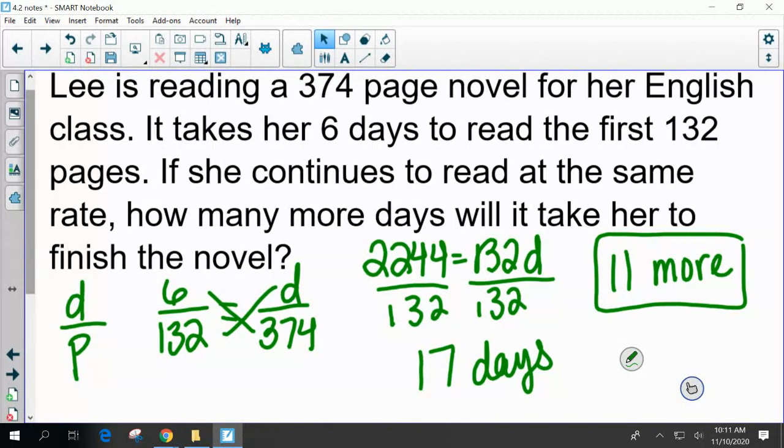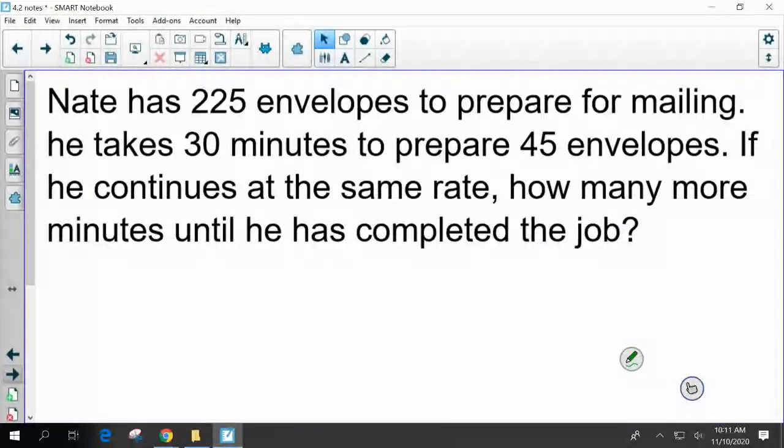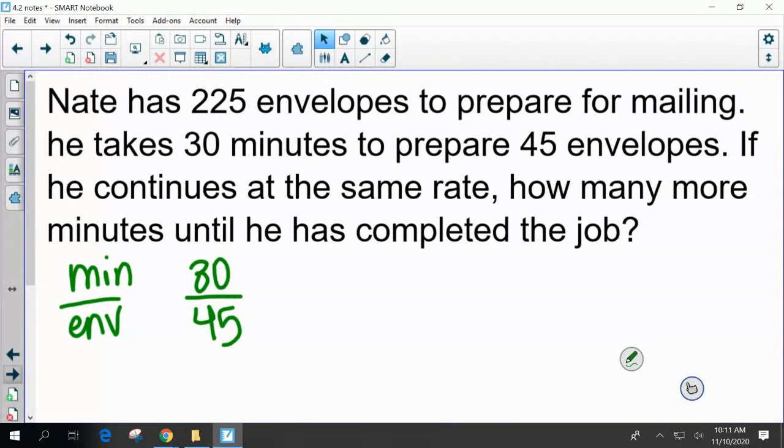Okay, and then the last question over proportions. Nate has 225 envelopes to prepare for mailing. It takes 30 minutes to prepare 45 envelopes. So I'm going to do minutes over envelopes. So 30 minutes to prepare 45. If he continues at the same rate, how many more minutes? So I have 225 envelopes, but I don't know how many minutes. So I'm going to cross multiply.